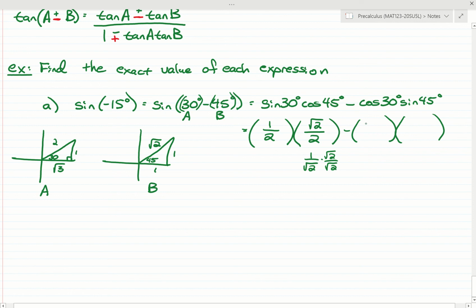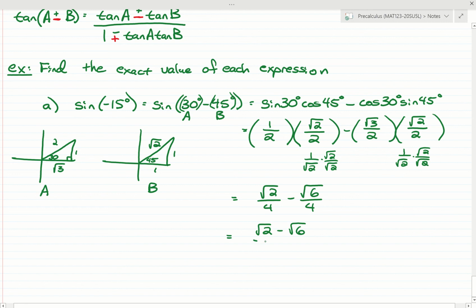Cosine of 30 is root 3 over 2. And the sine of 45 is also 1 over root 2, rationalized is root 2 over 2. So let's see what we get here. We'd have root 2 over 4 minus root 6 over 4. And our final answer would be root 2 minus root 6, all over 4.